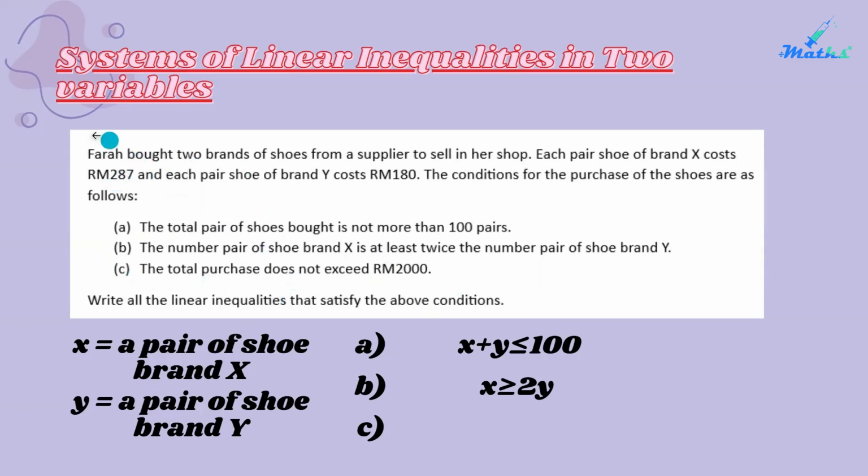So 287 times x, and the 180 should be times y. So the answer should be 287x plus 180y less than or equal to 2,000.